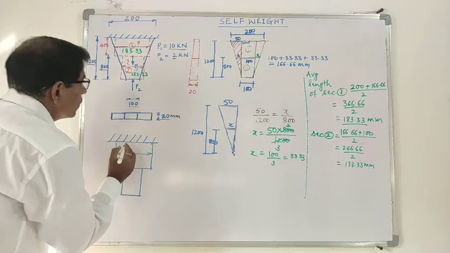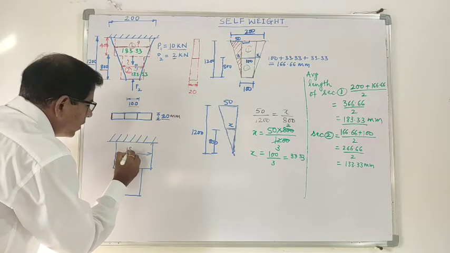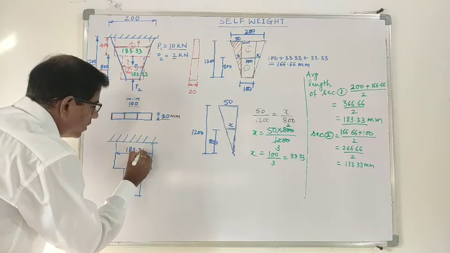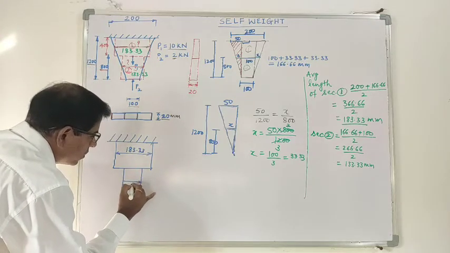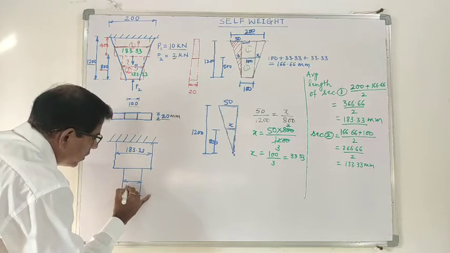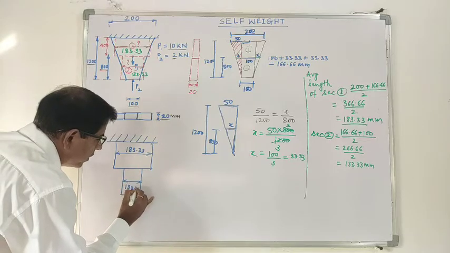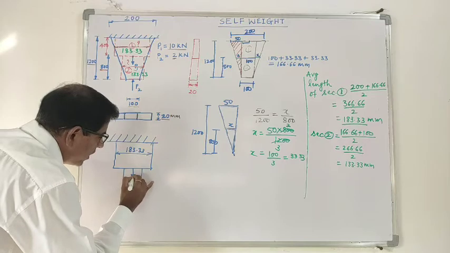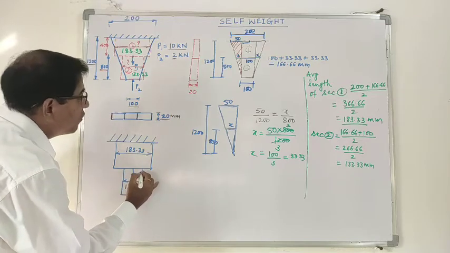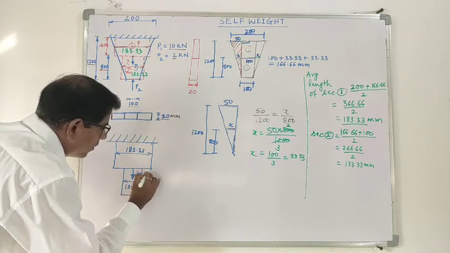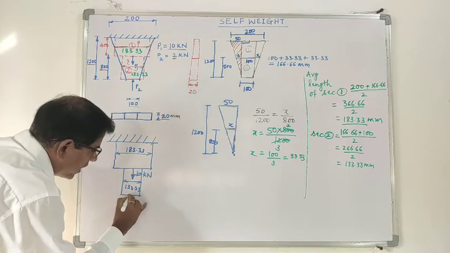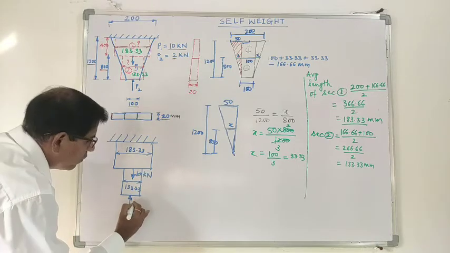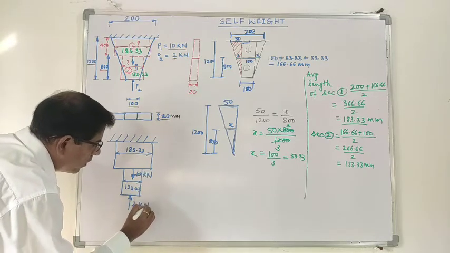This is what? 183.33. This is 133.33. One force is acting of 10 kilonewton. One force is acting at the bottom of 2 kilonewton.